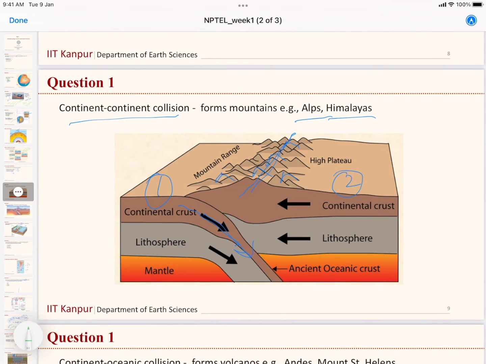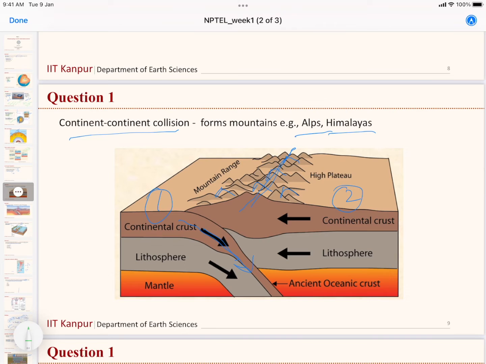So let's understand the first combination, that is continental collision. In this figure you can see the first plate is a continental crust, and the second plate is also a continental crust. Now the question comes: which plate is subducted and which plate will remain on the surface? The plate which has a higher density will be subducted under the plate which has the lower density.